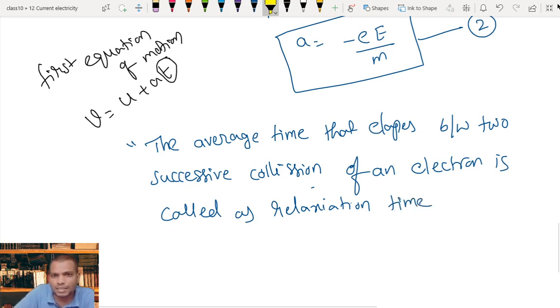This is something not new for us. We already studied it in molecular motions.